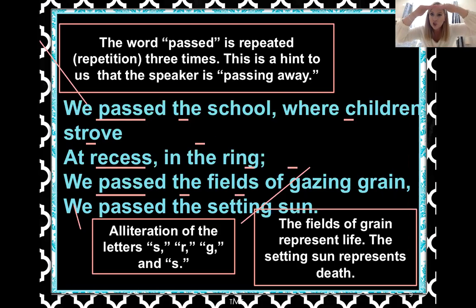And everything is darkening. Does that remind you of death too? Of course. There's a certain darkness to mortality on earth, right? So gazing grain and setting sun are symbols of old age. And recess and school are symbols of youth, of young age. So as she's slowly passing away, she's remembering these stages in her life.